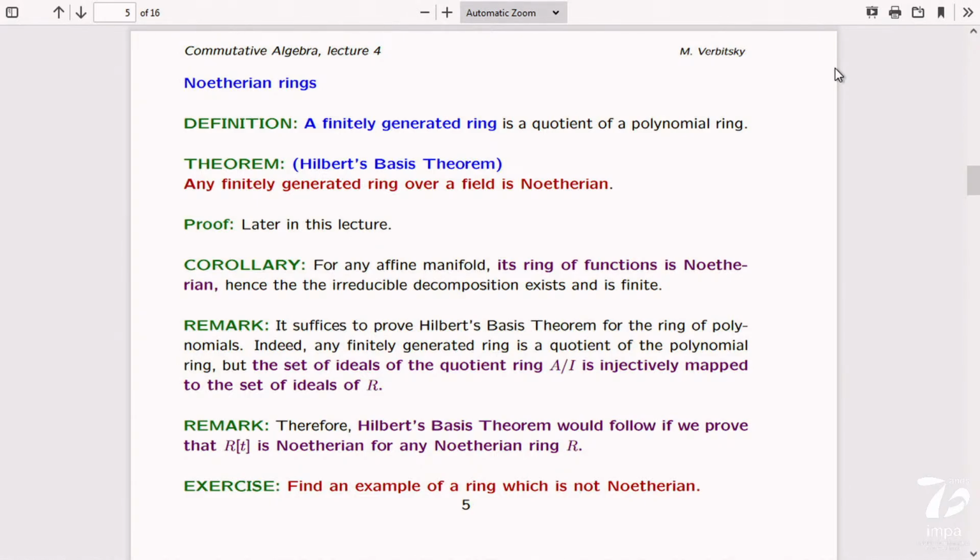This theorem, the Hilbert Basis theorem, immediately implies that there exists an irreducible decomposition for each affine variety. I said manifold, I meant variety, sorry.